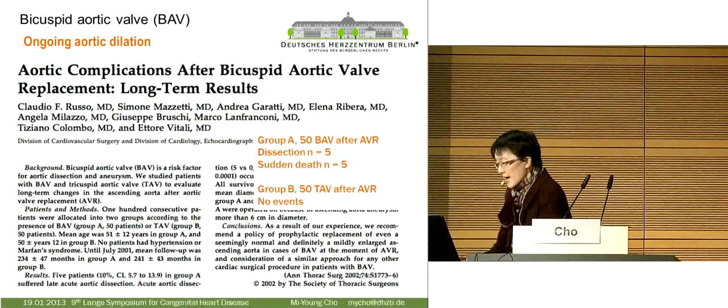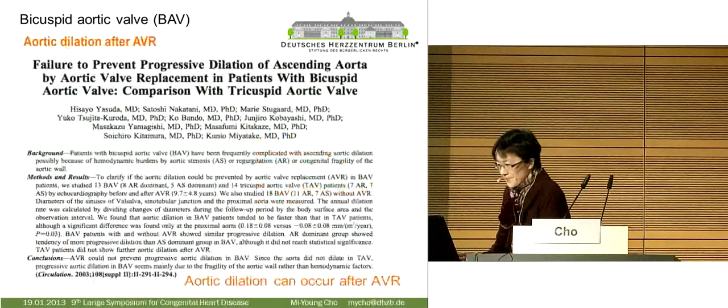He showed that the people with the tricuspid aortic valve didn't have any events in these 10 years, but in the group with a bicuspid aortic valve, 5 people had a sudden death and 5 people had a dissection. And Yasuda also showed that even if you replace the aortic valve, there is still progressive dilatation of the ascending aorta.